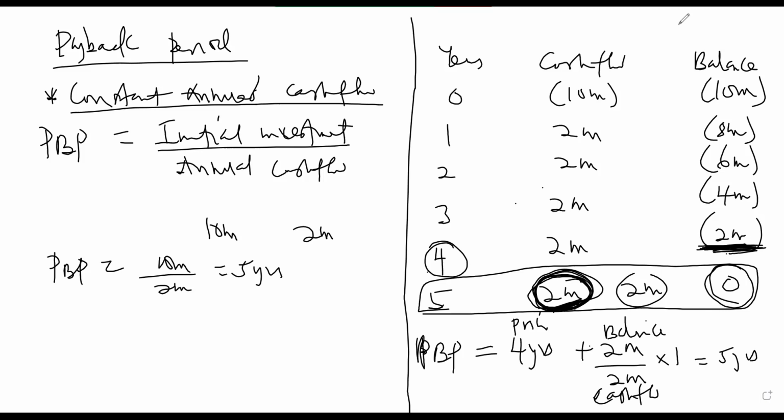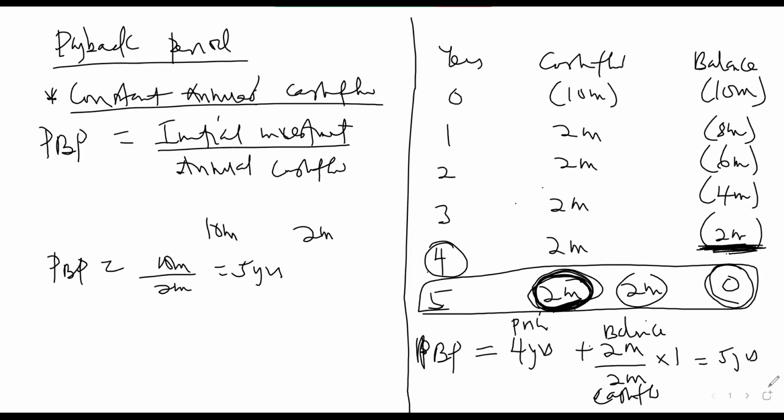So let's come to an uneven cash flow. If you have an uneven cash flow, it means that the cash flow will not be the same at the end of every year. The payback period is calculated as what I have done over here.